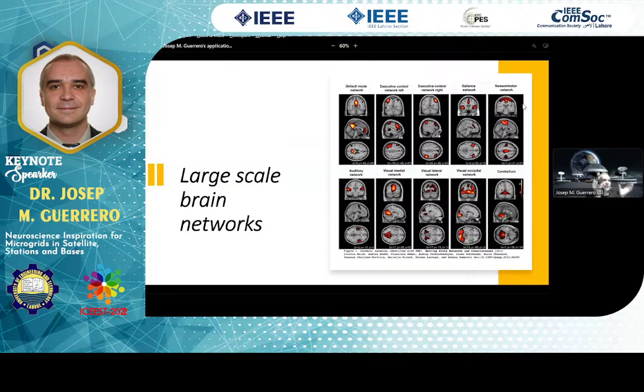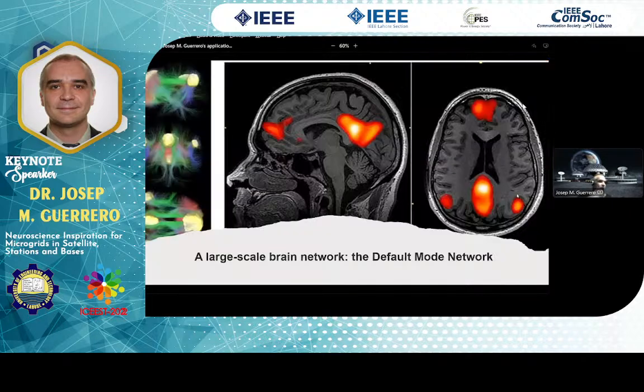It works like large-scale brain networks. And with this, we can define different kinds of networks, like the default mode network, executive control network, salience network. I will talk about this now. Sensorimotor network, auditory, visual, different kinds of visual, and the cerebellum, this automatic part.